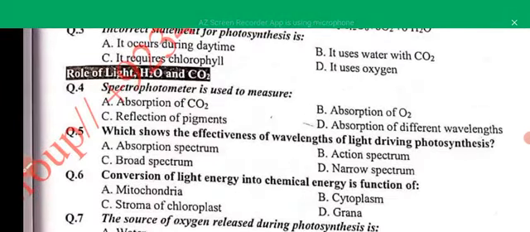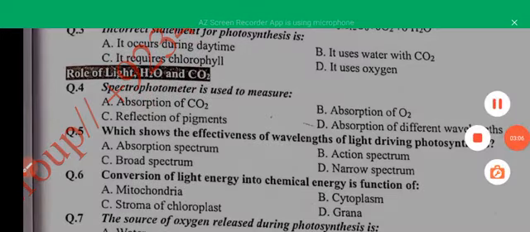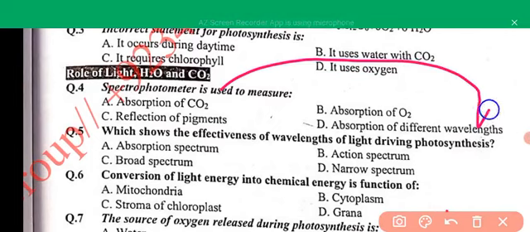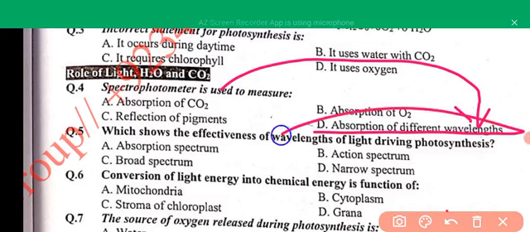A spectrophotometer is used to measure absorption of carbon dioxide, reflection of the pigments, or absorption of different wavelengths. Actually, the spectrophotometer is an instrument that measures the absorption of different wavelengths of light by different photosynthetic pigments. Here is our option: absorption of different wavelengths by different photosynthetic pigments.